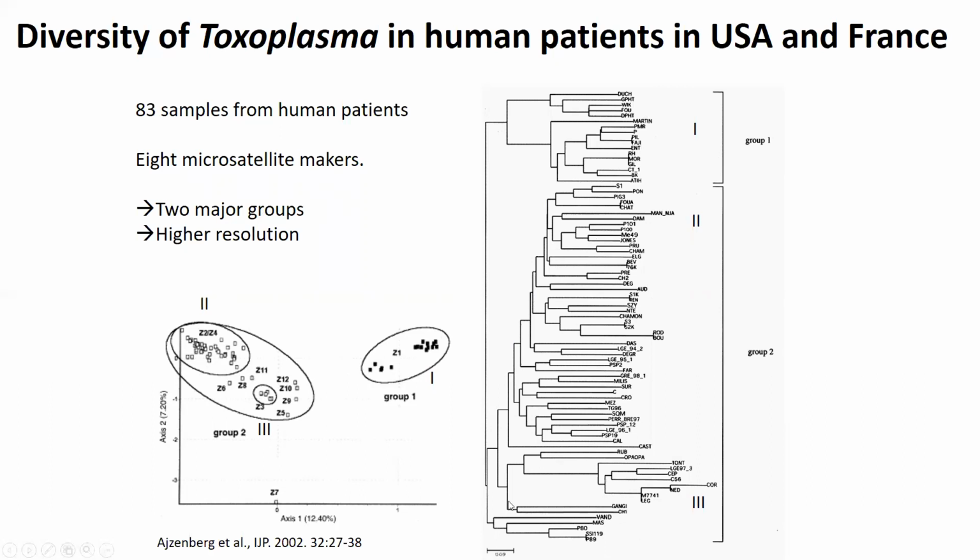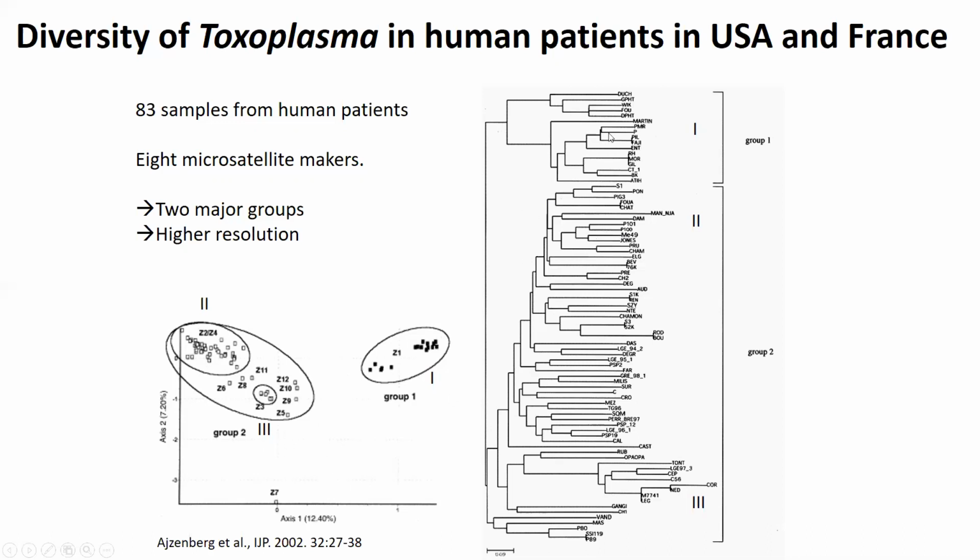From here, they can divide the 83 samples into 3 major groups: group 1, group 2, and group 3. If you look at the phylogenetic tree, group 1 is highly different from group 2 and 3. So group 2 and 3 are closer to each other than they are to group 1, which is also illustrated on the left side of the graph here.